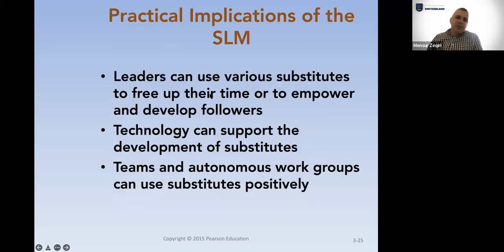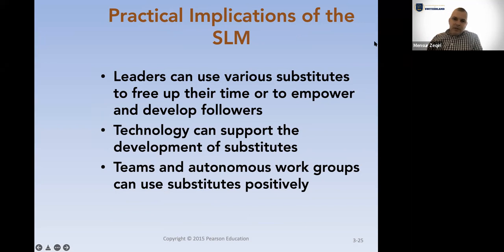And last, we have some important implications that we can put into practice from this substitutes for leadership model. Leaders can use various substitutes to free up their time or to empower and develop the followers.